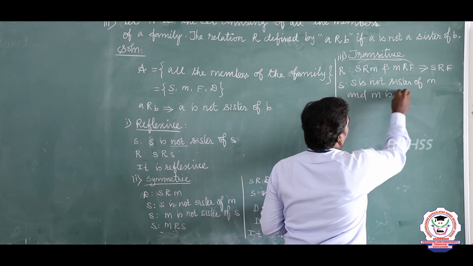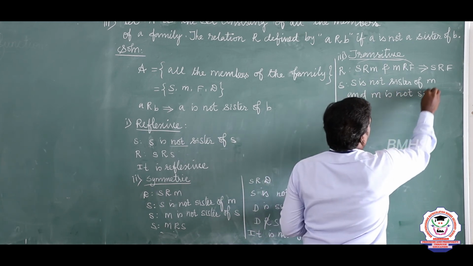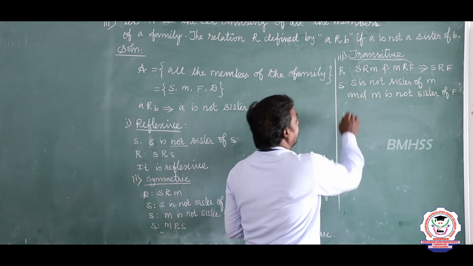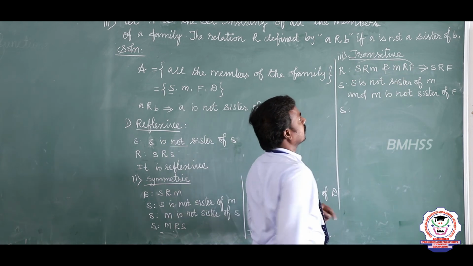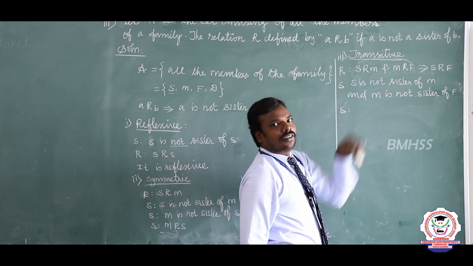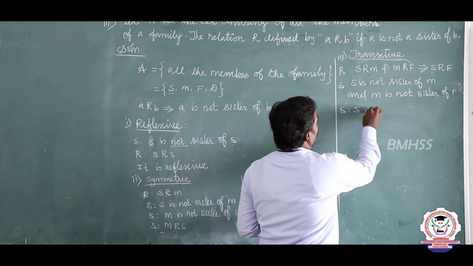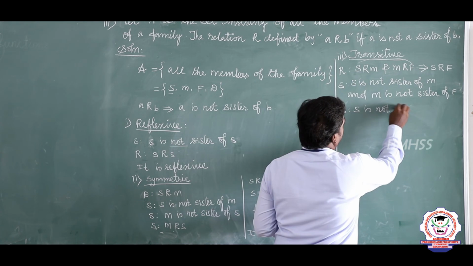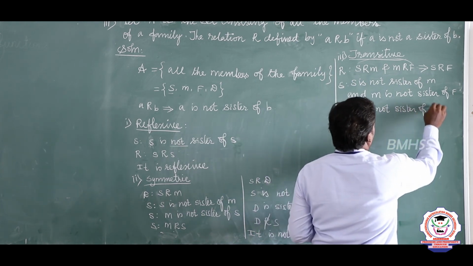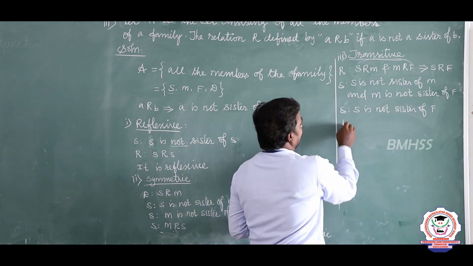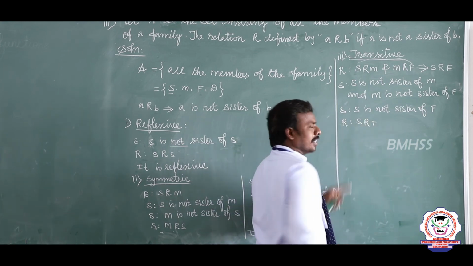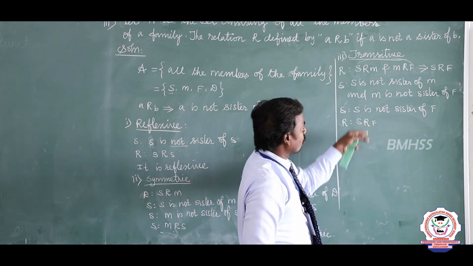M is not sister of F. Again in the statement, same thing, finally S is not sister of F, because son is not sister of father. S is not sister of F. From this, the final relation is what? That is, S is related to F. It is transitive, but no need to write, because I am going to check another condition.